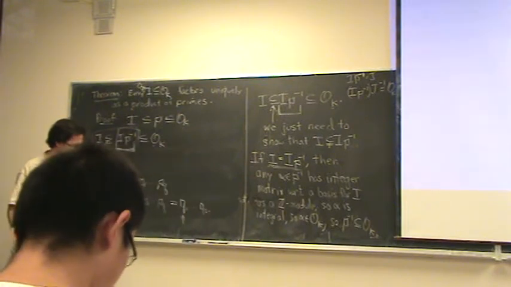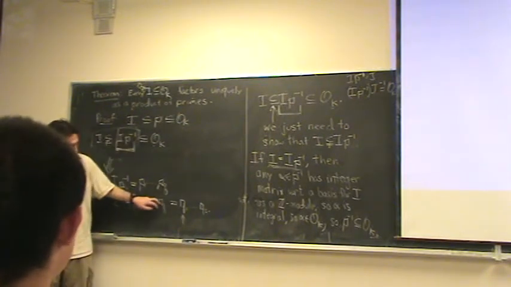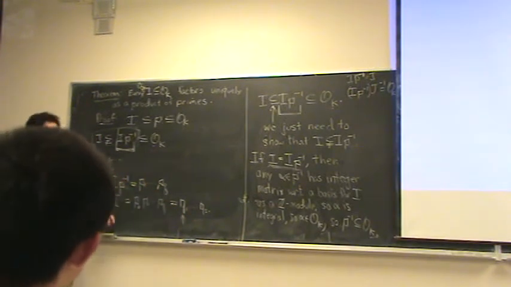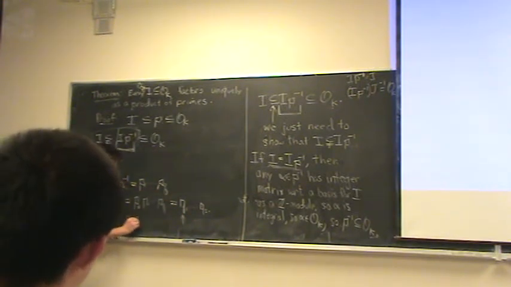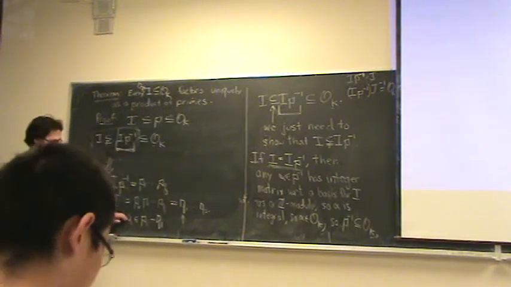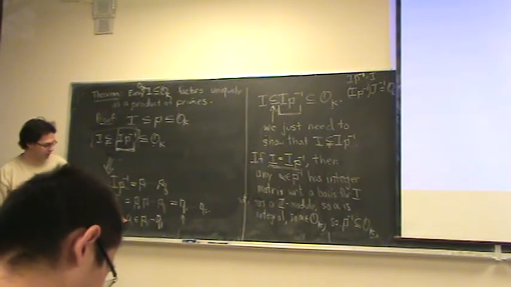So suppose to the contrary that none of the Pi's on the left is contained in Q1. Then for each i, you can choose an ai in Pi that's not in Q1. Now take the product of all these ai's.